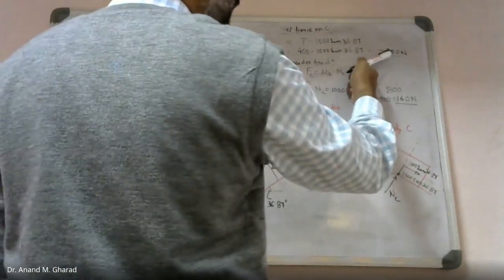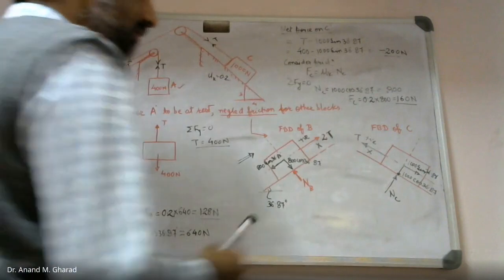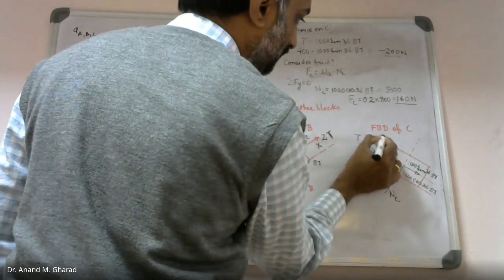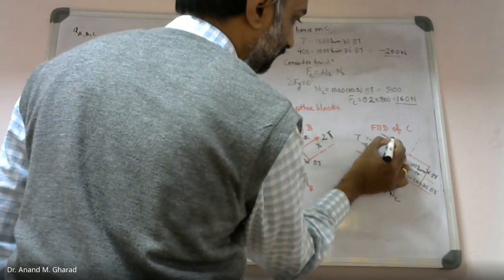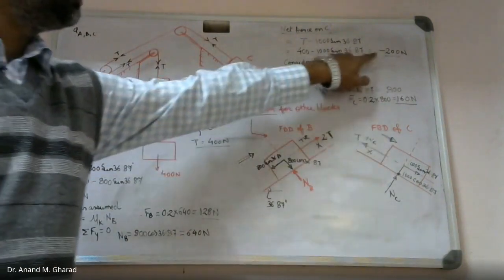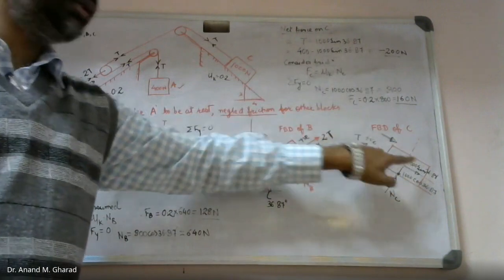And if we check the direction, this comes out to be negative. That means the net force acting on block C is in the downward direction. Do you agree? The net force which is acting is negative 200, that is, it is acting in the downward direction, the opposite direction.